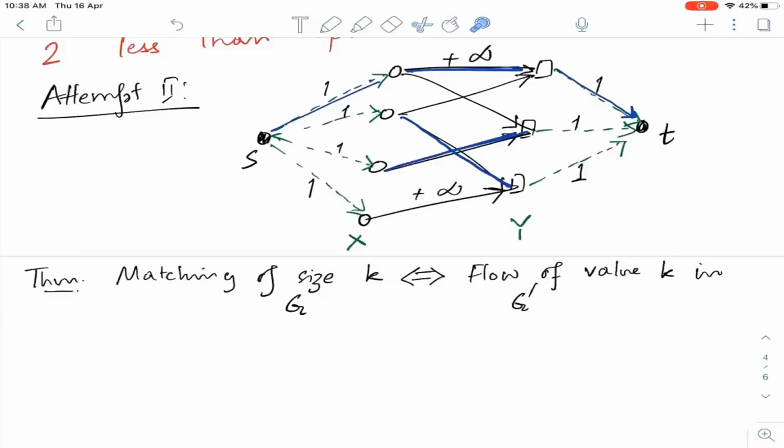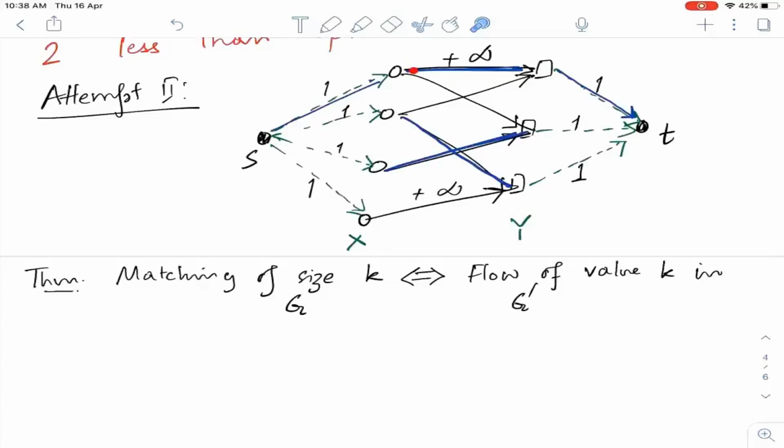So the only thing that one needs to make sure is that 2 units of flow, so essentially more than 1 unit of flow, is not coming into any of the vertices of X or Y. That's the only thing we need to check. But clearly that cannot happen, because the incoming edge to any vertex in X has a capacity of 1.